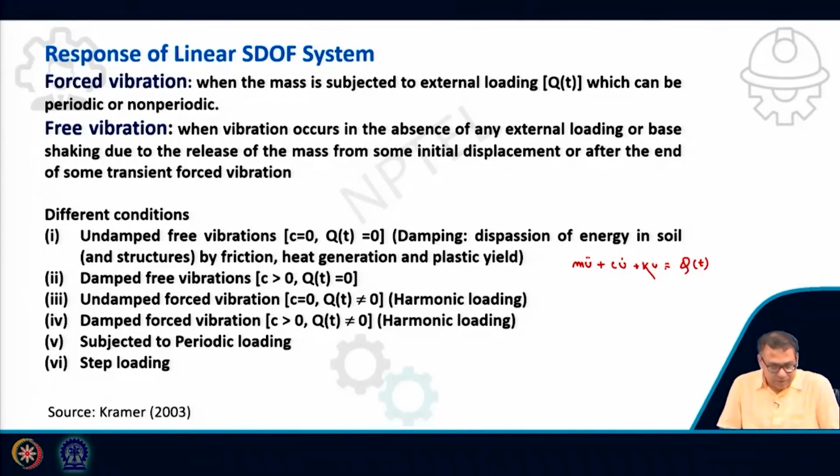The fourth is damped forced vibration, when C is not equal to 0 and Q(t) is also not equal to 0. In the third and fourth cases the loading is harmonic loading. In the fifth case the mass is subjected to periodic loading, and we ask how to get the response. The last one is step loading. Let us discuss the response for all these conditions one by one.